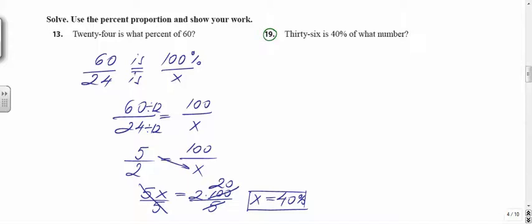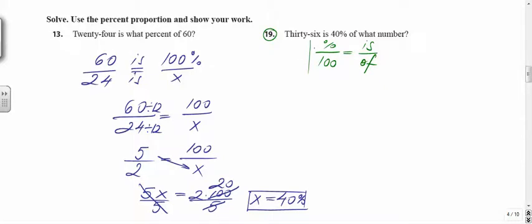Problem number 19. 36 is 40% of what number? Now let's try this in a different way, right? So you guys remember from your elementary school or middle school when your teacher said, well, when you work with percent, use this formula that says percent over 100 equals is over of, right?